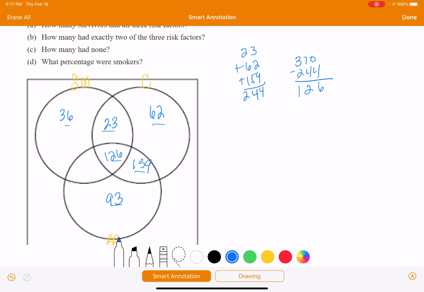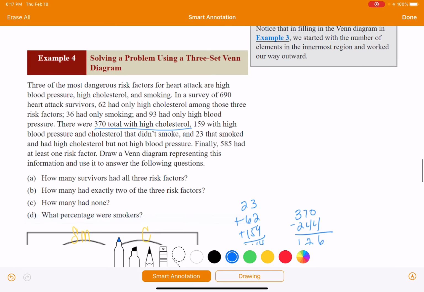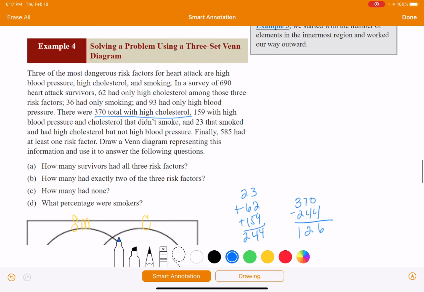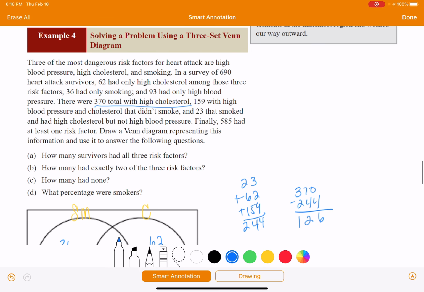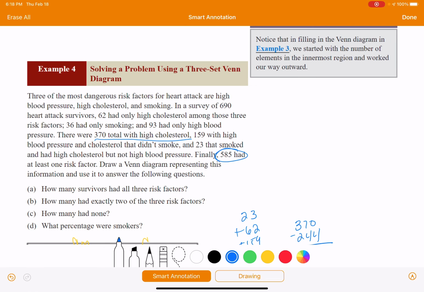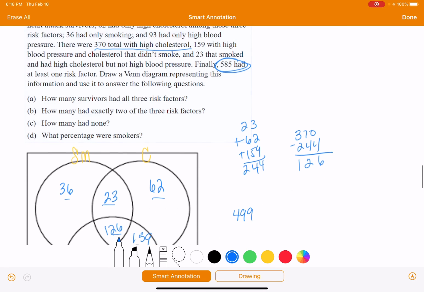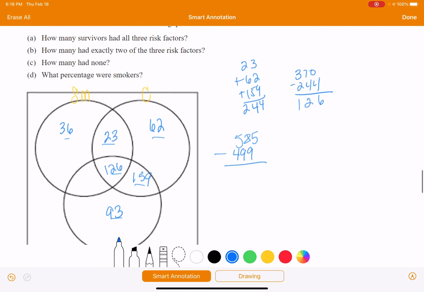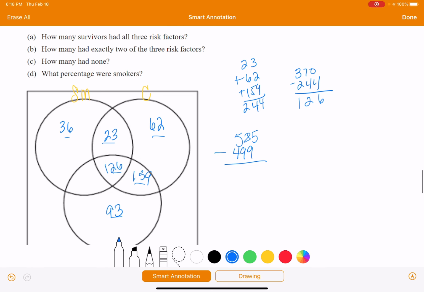So then I want to take my total, which was the 585 that had at least one risk factor, which means they're all a part of the Venn diagram, and subtract that 499 from there. And we get 86.